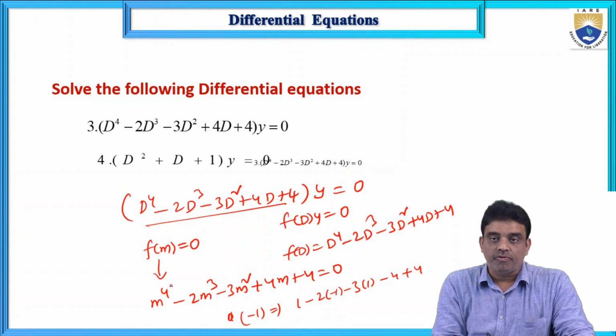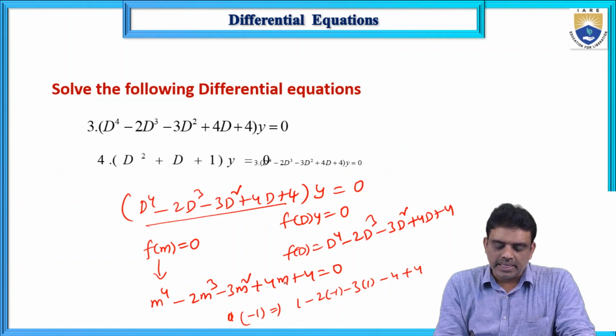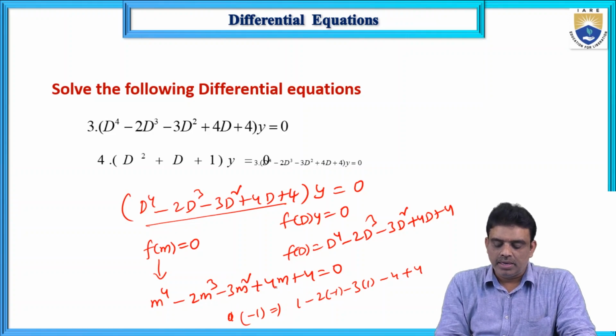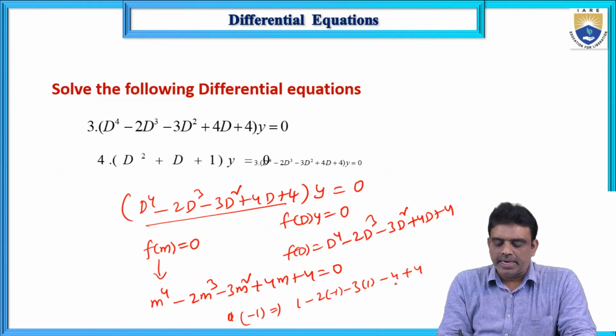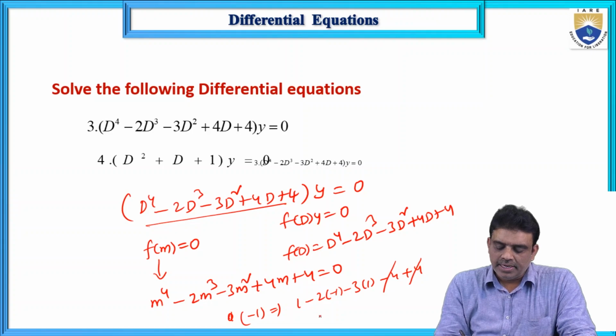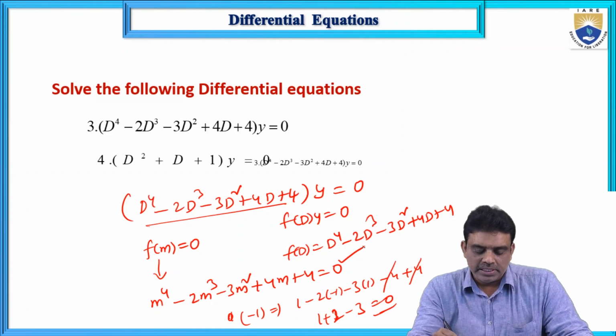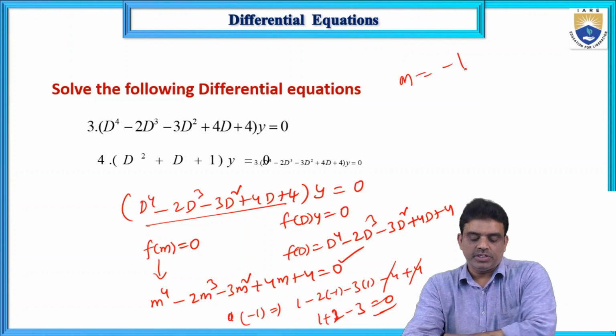Minus 1 whole power 4 is plus 1. Minus 2 into minus 1 whole cube is plus 2. Minus 3 into minus 1 whole square is minus 3. Plus 4 into minus 1 is minus 4, plus 4. Clearly, minus 4 plus 4 is 0. It is 1 plus 2, 3 minus 3, this is 0. Clearly, it is satisfying.